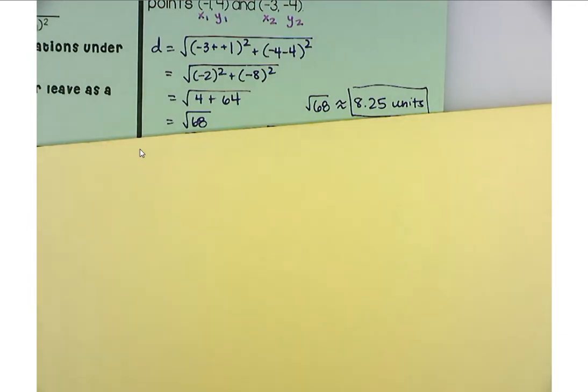If you want to write this as an exact value, then what you have to look for underneath the radical are perfect squares. Do you guys remember that? Simplifying radicals with your perfect squares? What is like a perfect square? Okay, 25 is a perfect square. Danielle, can you tell me why it's a perfect square?